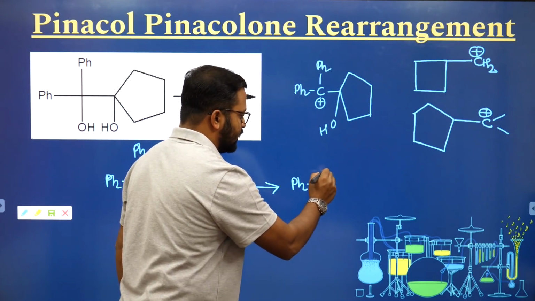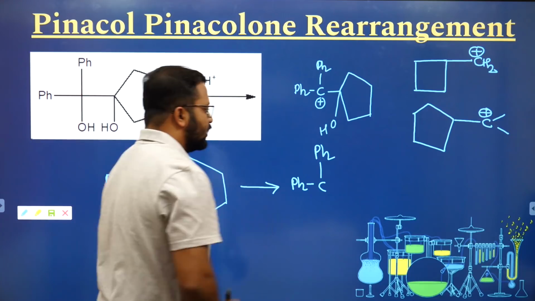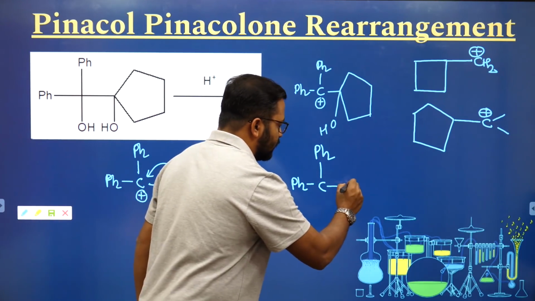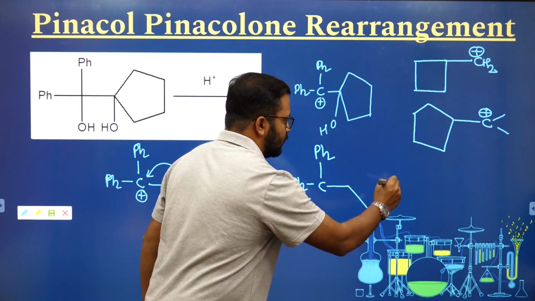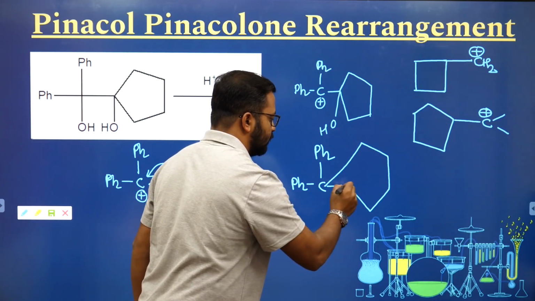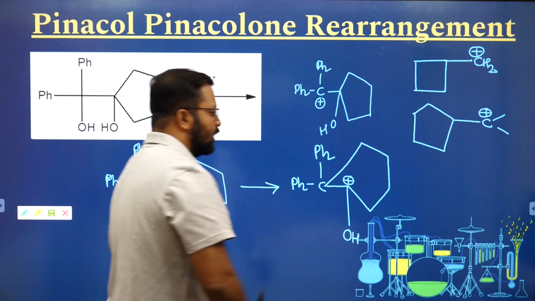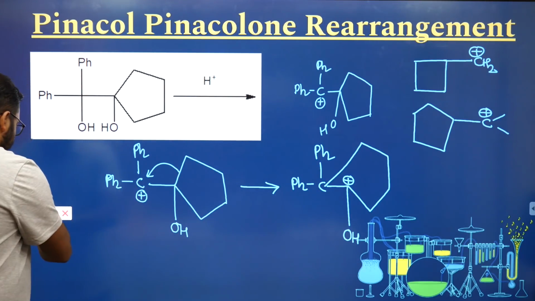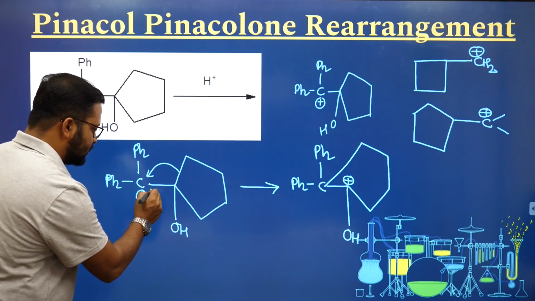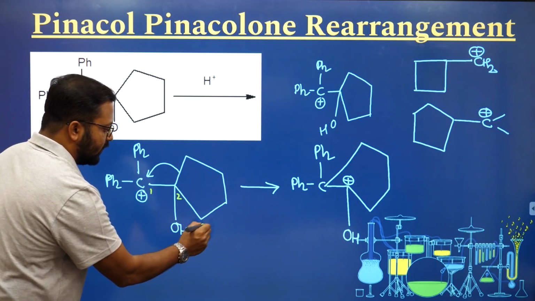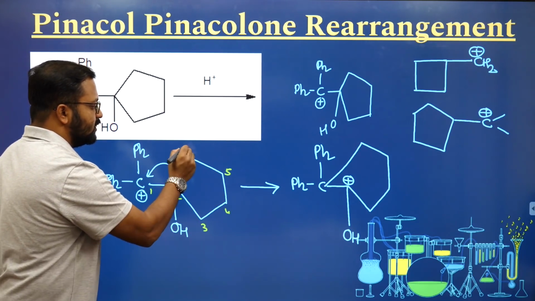Ph, C, Ph. What have I done? It's very simple to understand. So this is, let's say, 1, 2, 3, 4, 5, 6.